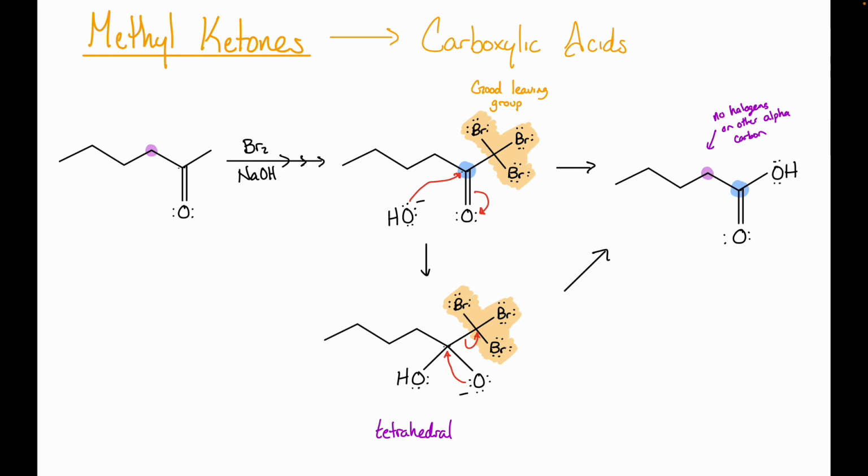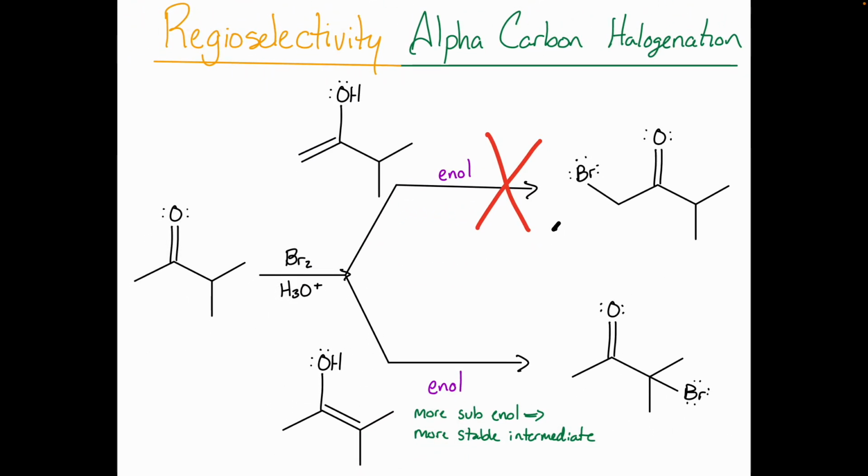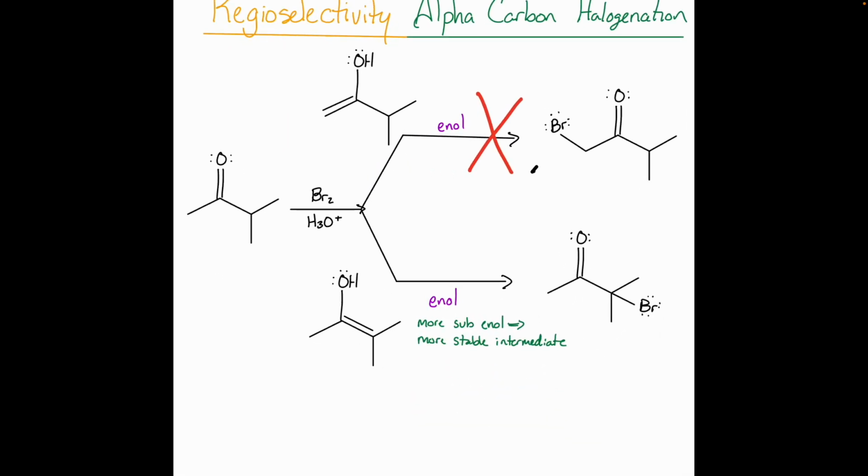All right, so specifically, just to summarize, under acidic conditions, we get this monobrominated product, and we got to pay attention to which carbon it's going to go on, right? Depending on which enol intermediate is formed, we're going to see that the bromine goes on that more substituted carbon.